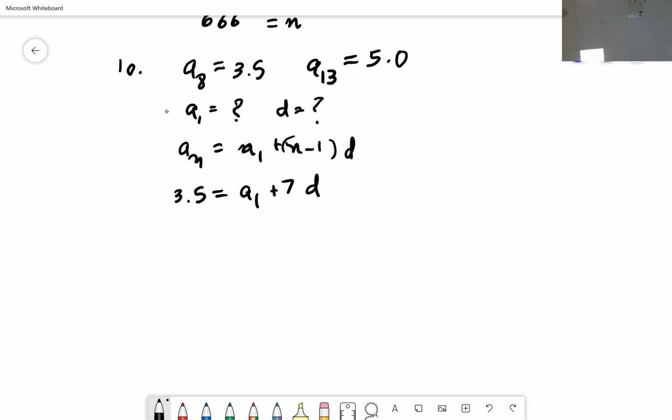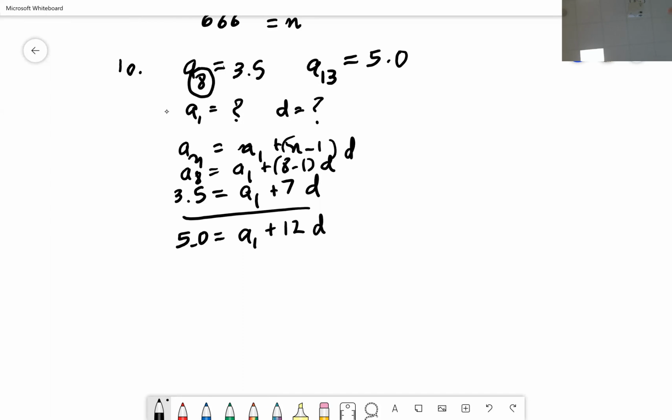Does everybody see how I got that? When n equals 8, you have a sub 8 equals the first term plus 8 minus 1 times unknown d. That's how I got that. Got it? The next one will be a sub 13, which is 5.0, equals unknown first term plus 12d.